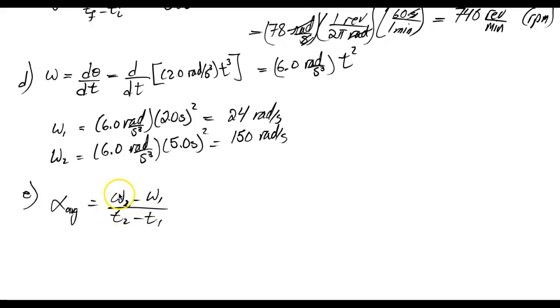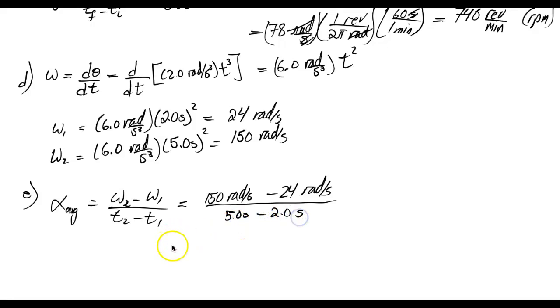So this is the same as delta v over delta t when we did linear acceleration. So we have 150 radians per second minus 24 radians per second all over 5.0 seconds minus 2.0 seconds. You get radians per second squared, and you get 42 radians per second squared.